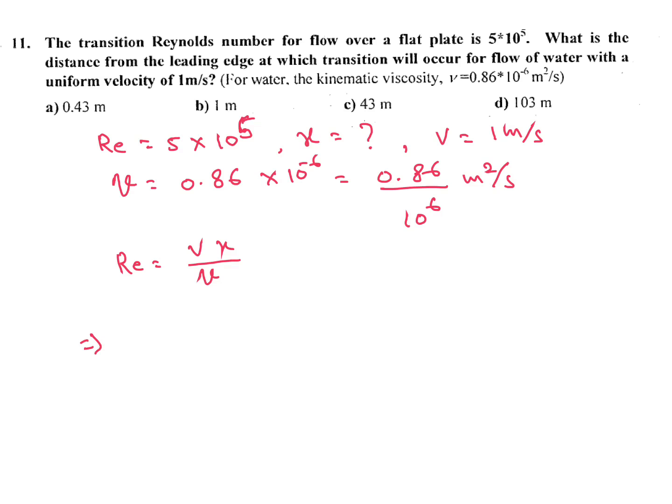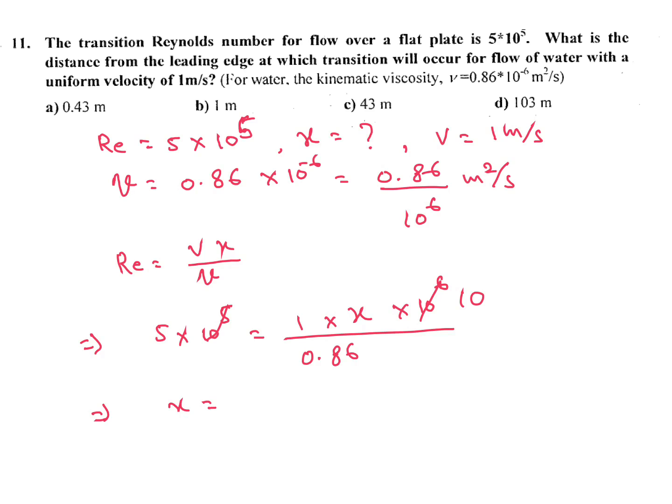So put all the values. 10 to the power 5 into V is 1, X we have to calculate. Here it's 0.86 divided by 10 to the power 6. So X equal to 5 into 0.86 divided by 10.